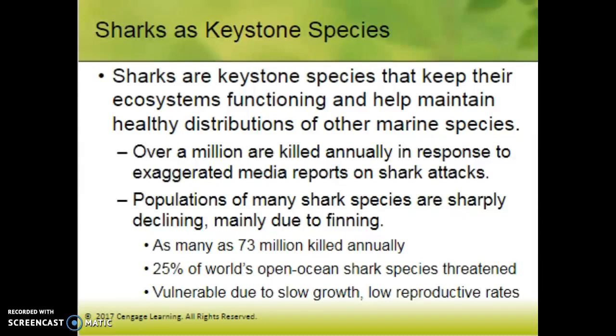Populations of many species are sharply declining due to finning. So I'm not sure what this disagreement is here. Over 1 million and as many as 73 million are killed annually. So that's significantly over 1 million. 25% of the world's open ocean sharks are threatened. They're definitely vulnerable because they don't reproduce well. They have a hard time conceiving and things like that. It also takes them a long time to reach maturity.